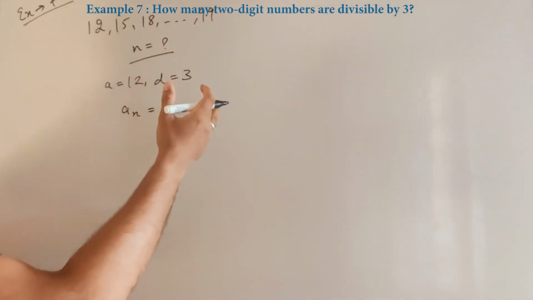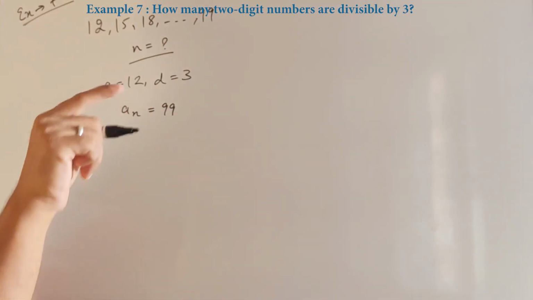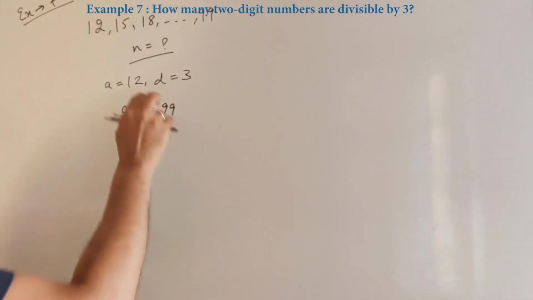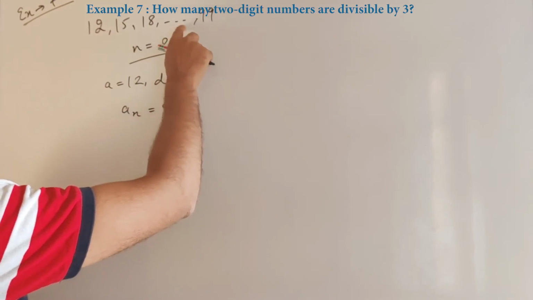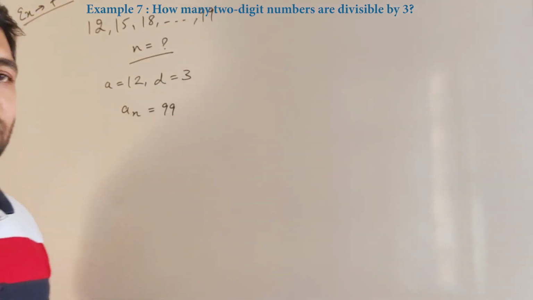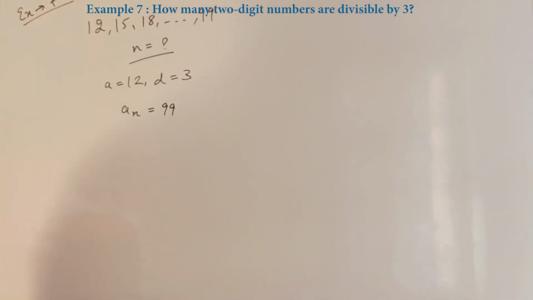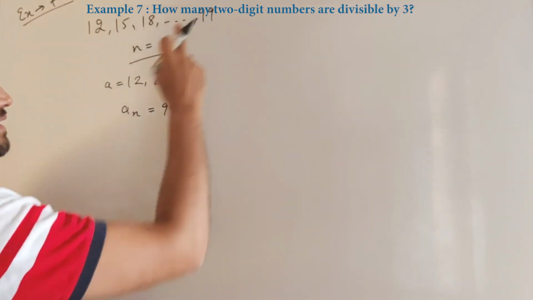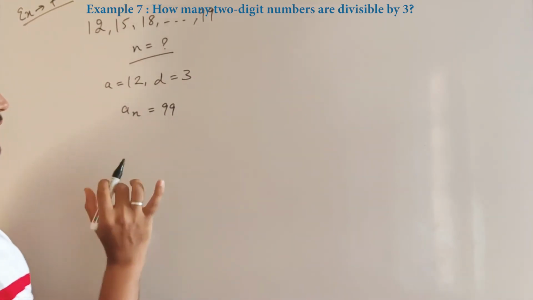We don't know whether this is the 17th term or the 19th term. We know this is the first term, this is the second term, this is the third term, and so on, but we don't know about 99. That's what we are supposed to find, so I call 99 the nth term.